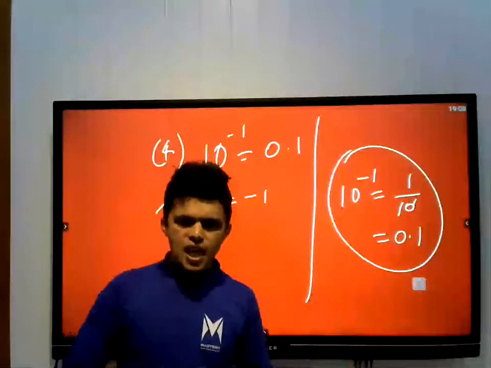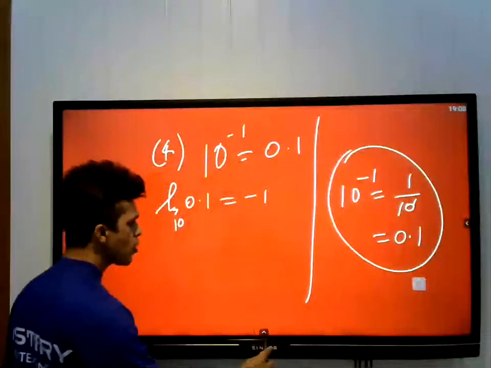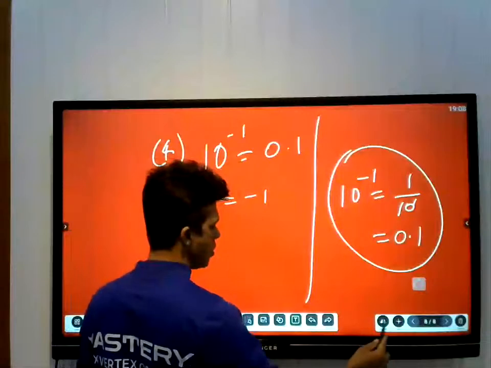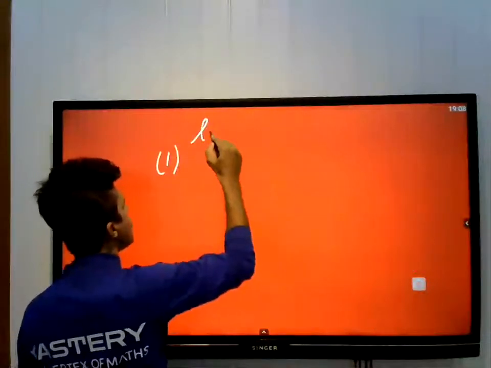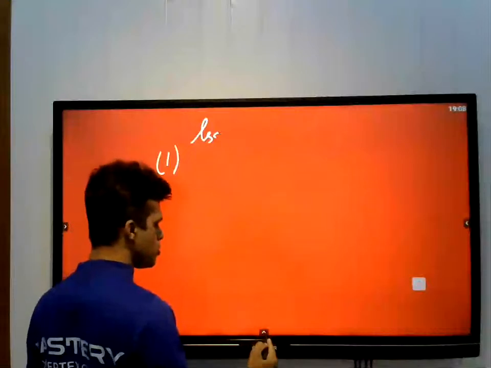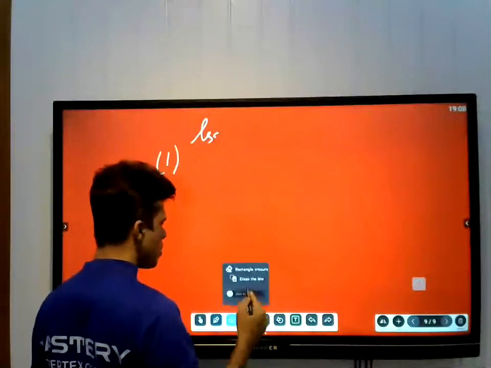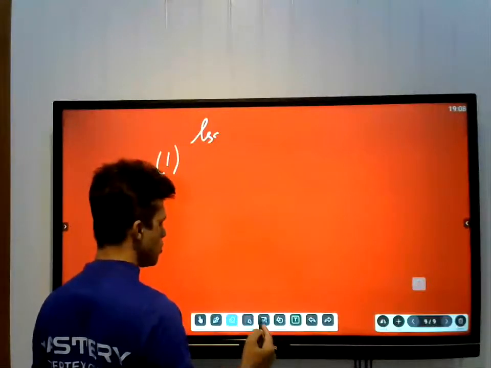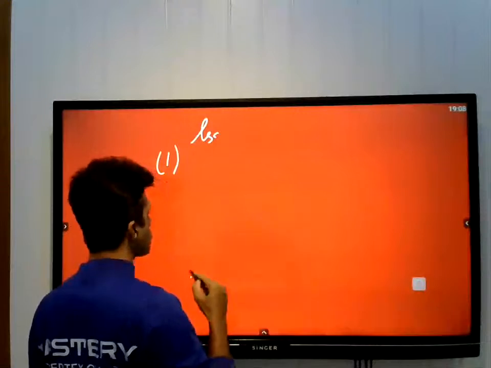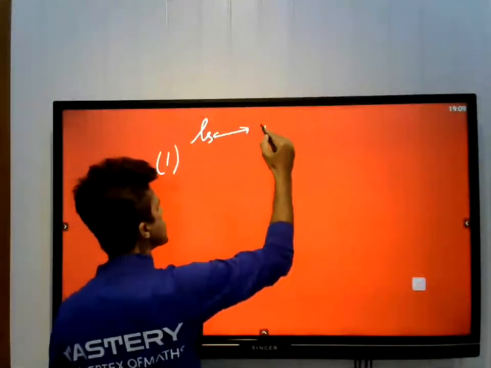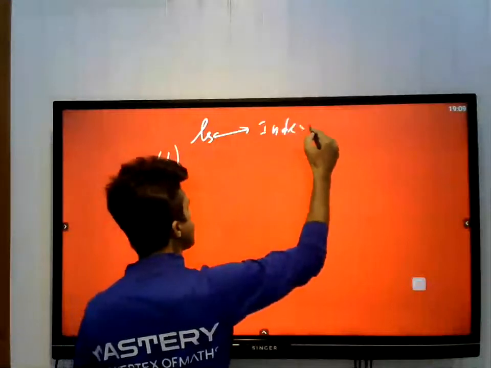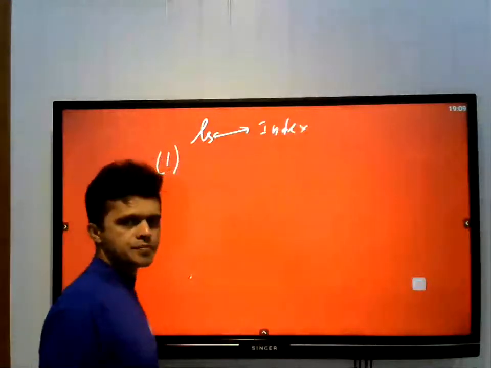On the other hand, I will give you a logarithmic form and you have to convert it into index form. How can you do this?